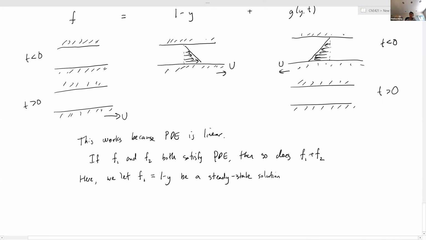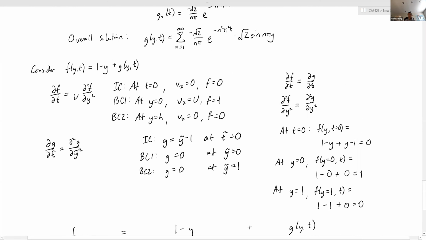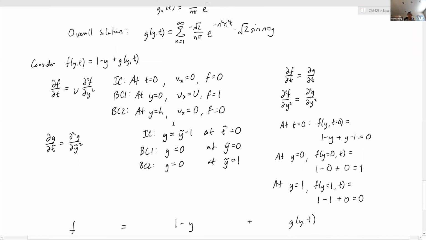Okay, that satisfied the original boundary conditions. Remember the original boundary conditions were that f is equal to 1 at y equals 0 and f is equal to 0 at y equals h, or y equals 1, right?